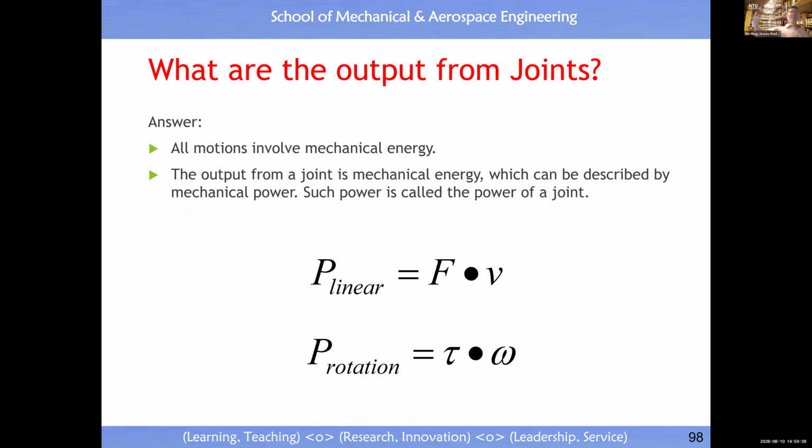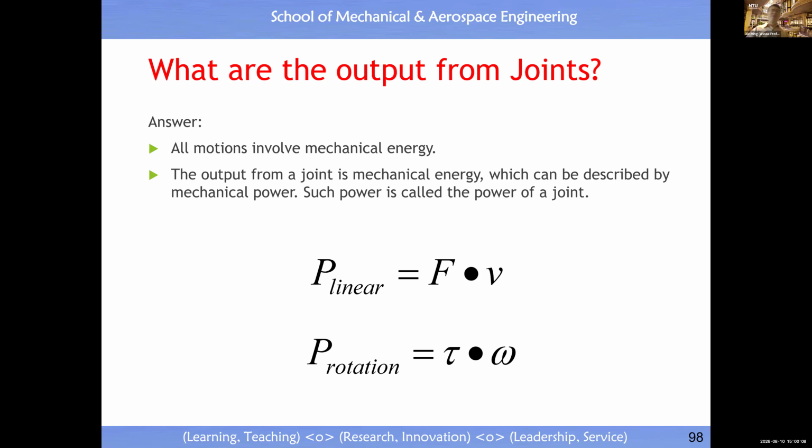So the total energy output from a joint is, for linear motion, force times velocity, and for rotary motion, torque times angular velocity. Consider a joint as a power supply, right? Because the output from a joint is mechanical energy, you can treat it as a power supply. Okay, this is conceptually for you to know.